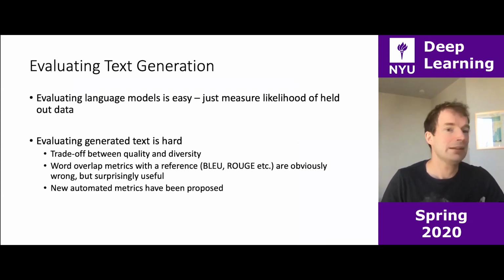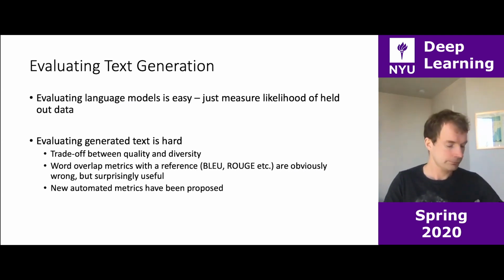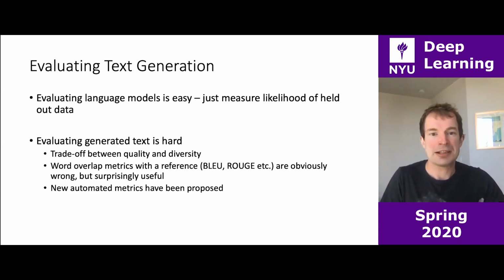I just want to quickly cover, given some text like this, how do we know if it's any good or not? How do you evaluate this? Evaluating a language model is quite easy. Language modeling is a task of density estimation, so you just look at the log likelihood of the data. If you instead want to take some generated text and say whether it's any good or not, then this is non-trivial.